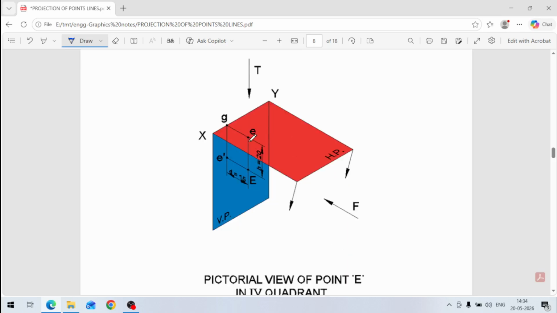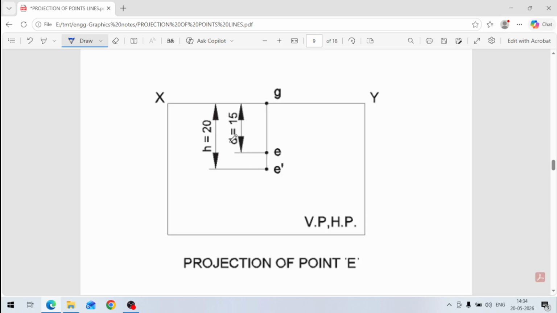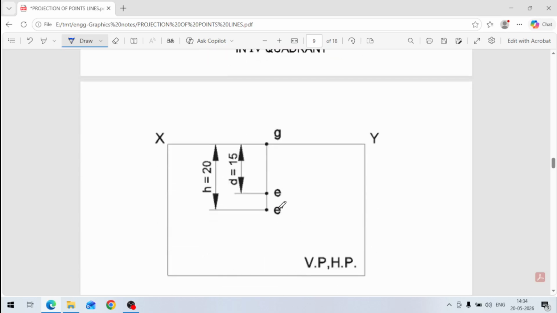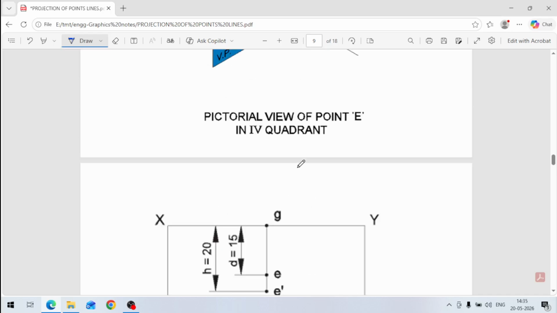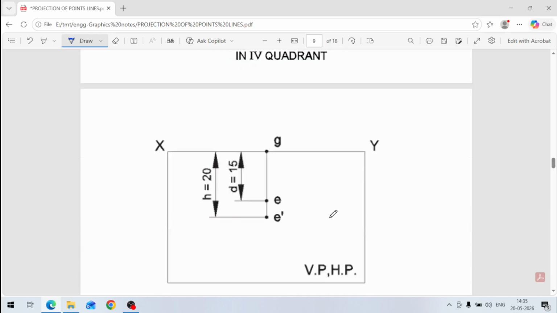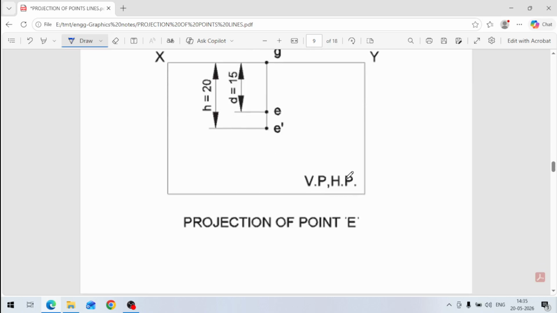And if you see here E dash, this distance is 20. So similarly for E dash, H is equal to 20. These are the two projections of the point E in both the planes. When I tilt it, it becomes vertical only, so both the projections will be on the same plane, like this, vertical. Okay.